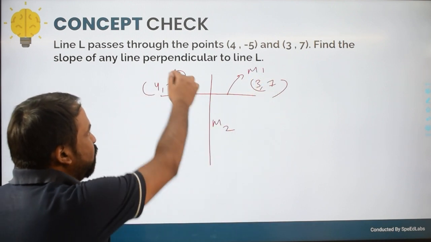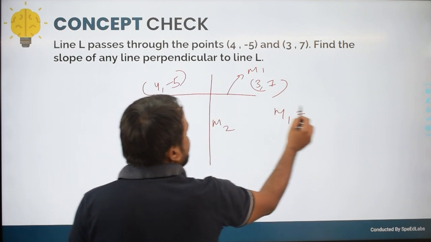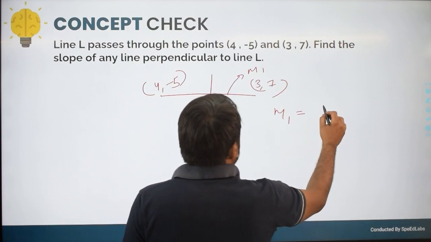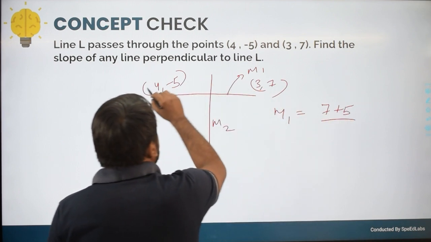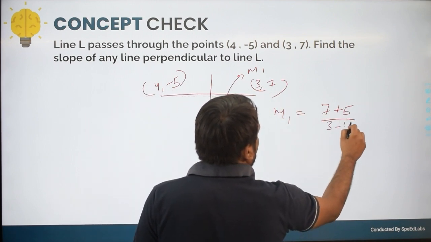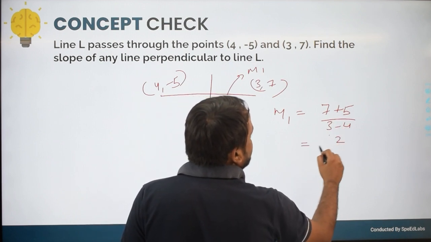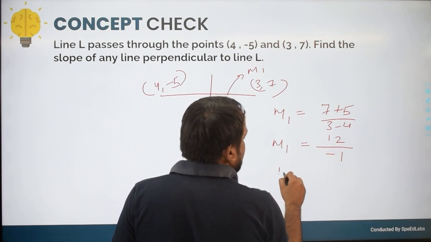Let us find slope m1. So m1 will be equal to y2 minus y1, that means 7 plus 5, upon x2 minus x1, that means 3 minus 4. So we can say 12 upon minus 1, so m1 is minus 12 here.